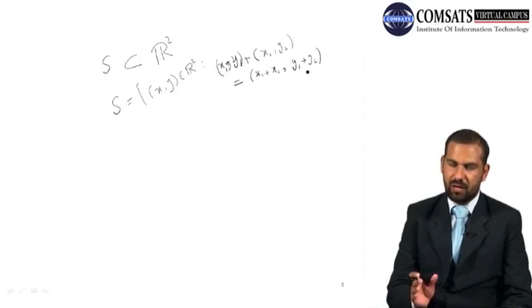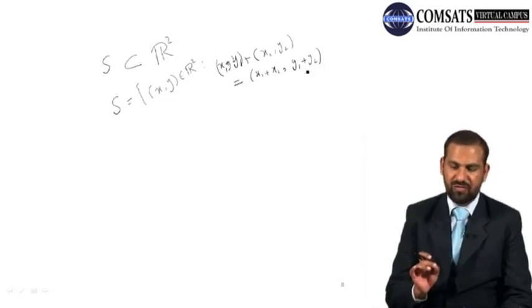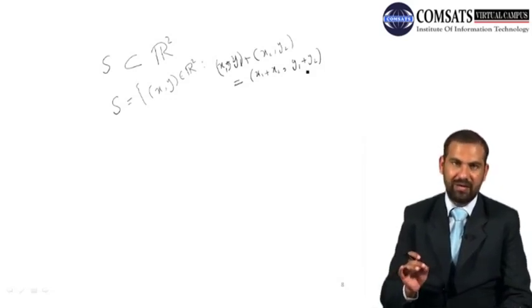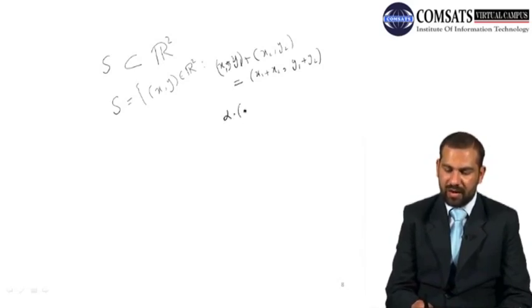It's the obvious way of adding two vectors: the first component is added to the first, and the second component to the second. So this is the addition operation. And the scalar multiplication we define as alpha dot (x, y) is equal to (alpha x, y).